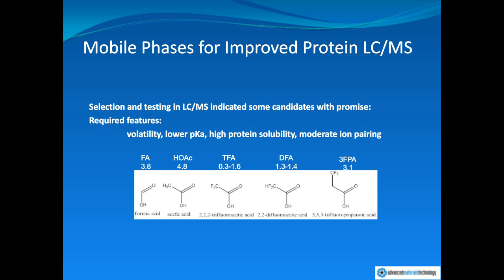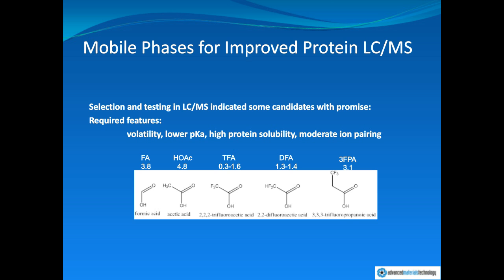So we've spent quite a bit of time looking at different mobile phase modifiers for conducting protein LC coupled with high-resolution mass spectrometry. And in the following examples, you'll see us mentioning either formic acid, that's the first compound shown here, or trifluoroacetic acid, very standard mobile phase acidic modifier, and as well right next to it, difluoroacetic acid, which is the same compound, but with one less fluorine on the methyl group.